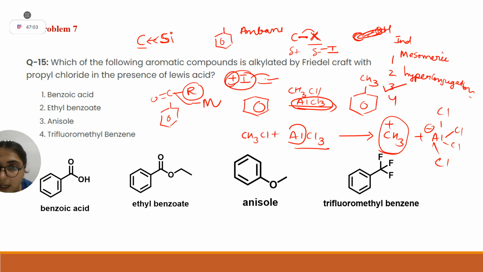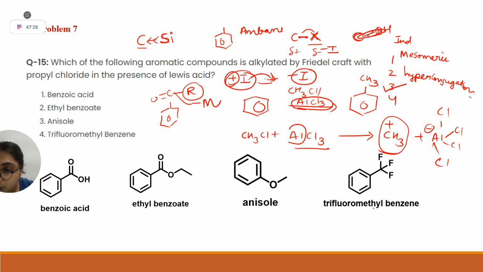Therefore, for carbon, plus I groups are those which increase electron density on carbon. And if a beggar is coming, will he donate you money or take money from you? He will take money, so that will be a minus I group.